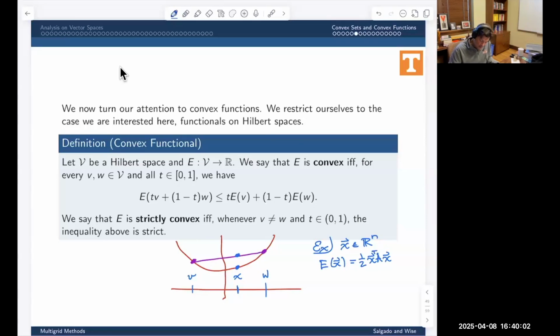If A is an n by n SPD matrix, then this function is a convex function. It's not hard to show that.